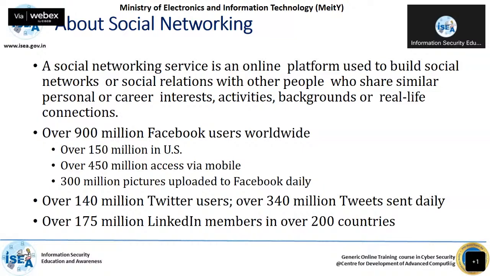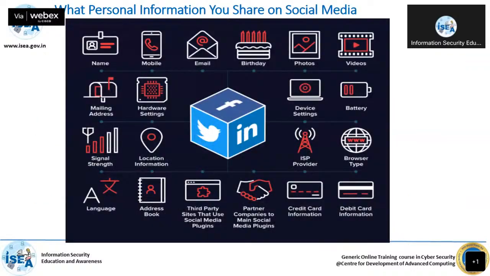As a summary of the slide, one third of the social media users are in India as a whole, right? Whenever you are using social media platforms, all this information goes out of your hands: your name, mobile, email, birth date, photos. Are you all agreed with this?